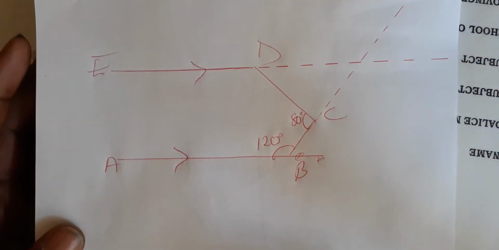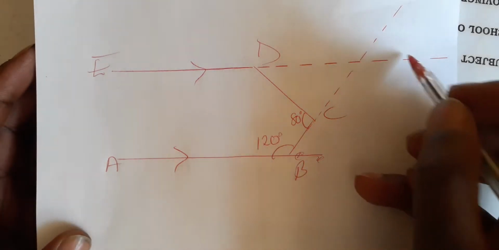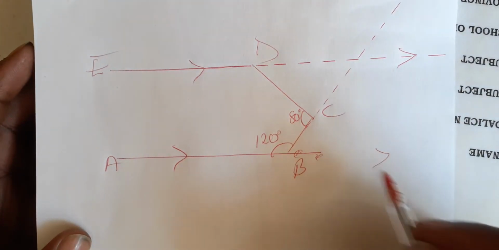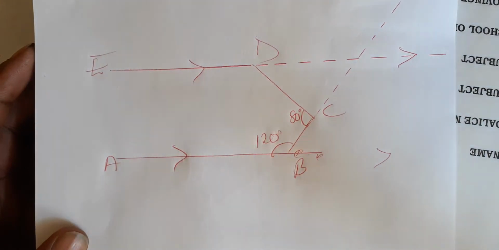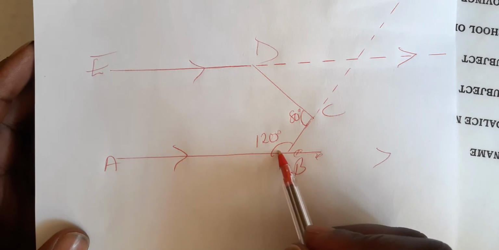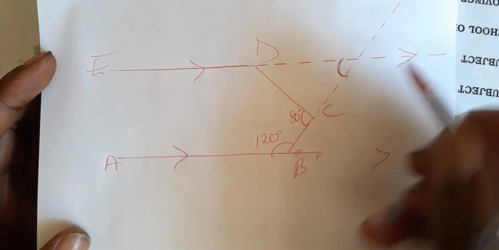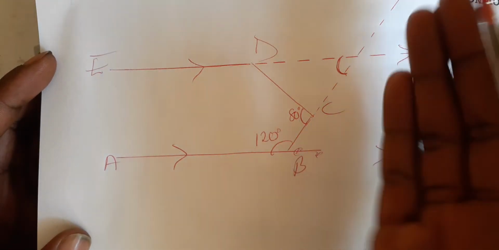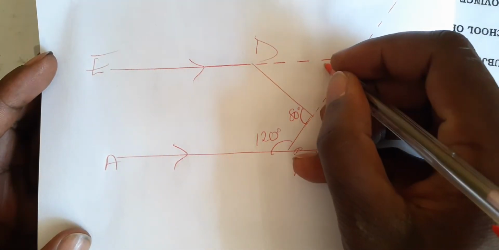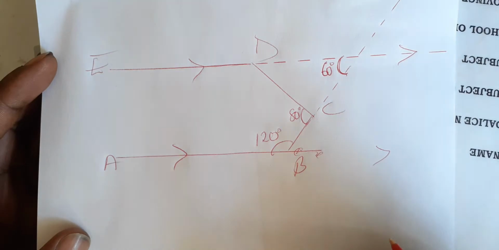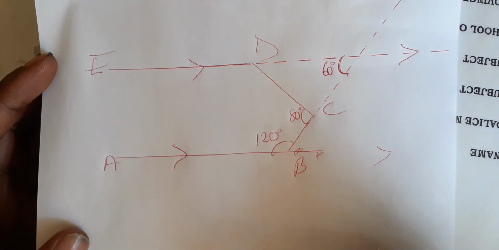So now, I still know that this line is parallel to the other one here. Now, I'm sure you know that we said this angle and this one here, they are allied angles. They are angles on the same side of a transversal. So this is what? 60 here. Are you getting me?